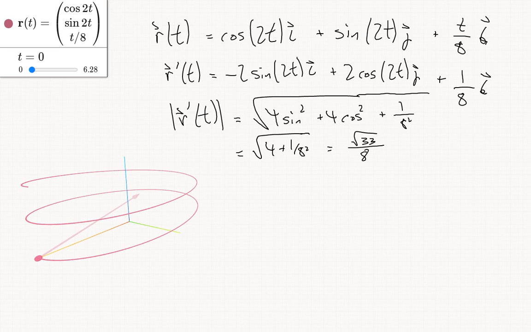And so now the arc length from point A to point B, or let's do it in this case from 0 to 2 pi, which is as much as I've plotted out there.